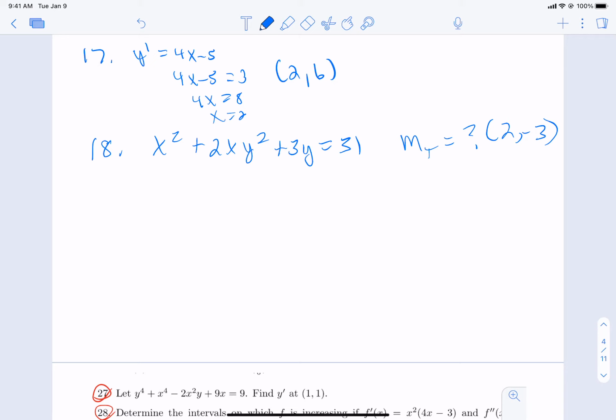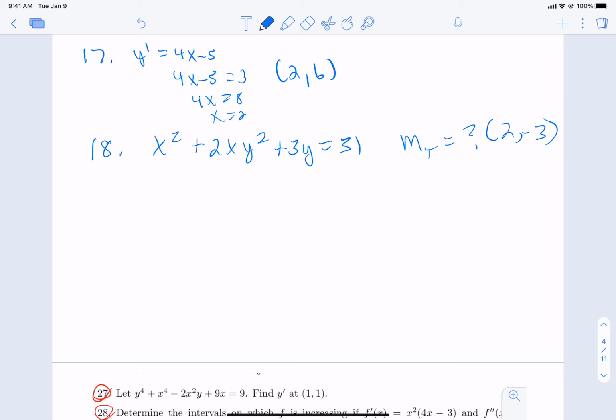Okay, so problem 18 said, find the slope of the tangent line of the equation given at the point (2, -3). So that was the instructions. The slope of the tangent is always the first derivative. You should know that and have those two linked in your brain. So we need to find y prime.